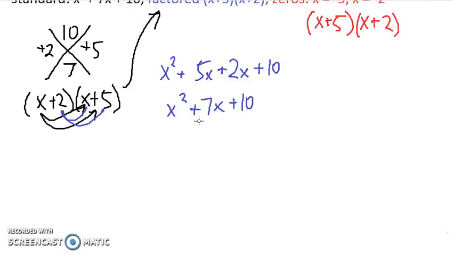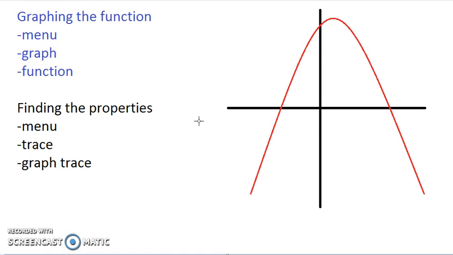Here are the shortcuts for that. I believe on most of your calculators, those shortcuts are menu, 3, 1 for graphing it. Once you have the graph, that gets you this.